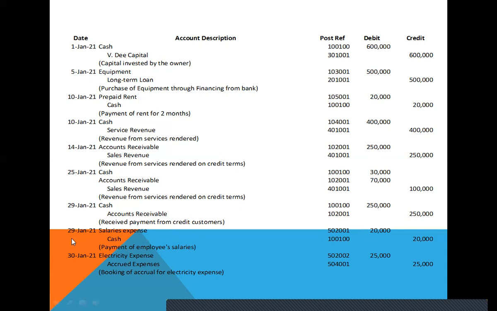Now again on January 29, you pay your employees' salaries. So salaries expense, debit 20,000 pesos, you credit cash 20,000 pesos. January 30, booking of accrual for electricity expense. According to the transaction, you estimated an electricity expense of 25,000 pesos, but you have not actually paid it yet. So you just record it as accrued expenses. Okay, so that's for the journalizing.